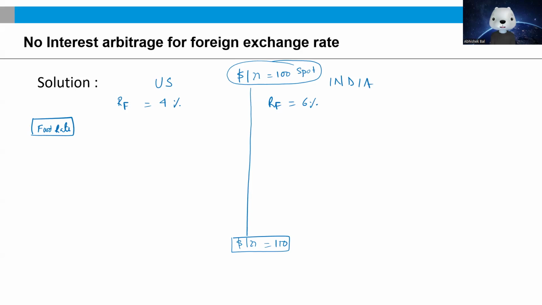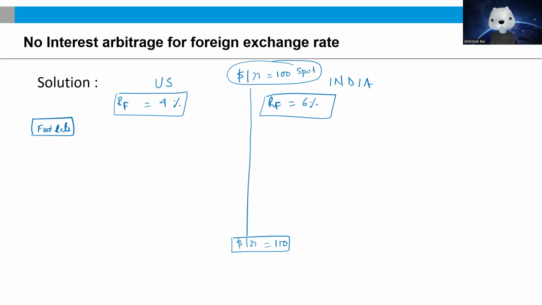Now, given this scenario, can we exploit this opportunity? If somebody had the notion that a year down the line the rupee is going to depreciate further from the current spot rate of 100 to 110, and the prevalent interest rates are going to be 4% and 6% here, then there makes certain sense to lock in a forward rate, isn't it?